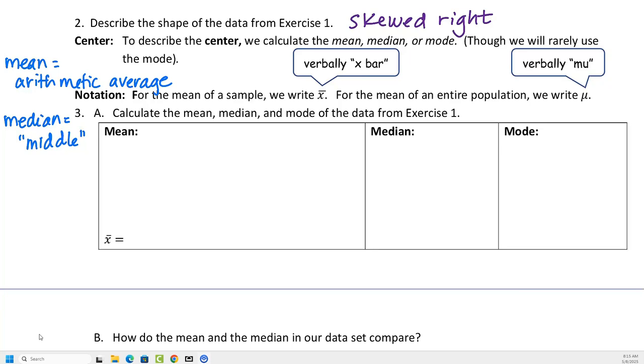Okay, and if there's two middle numbers, then you average the two middle. Sometimes there's one number, and so that would be the median. But if there's two middle, then you average those two. Okay, and then the mode you can think of as the most frequent.